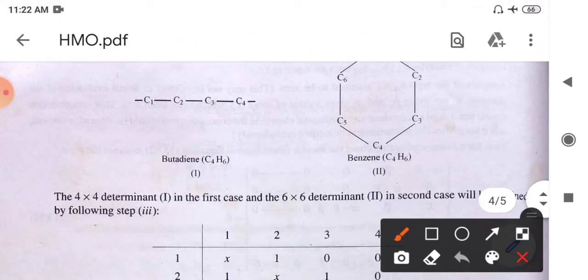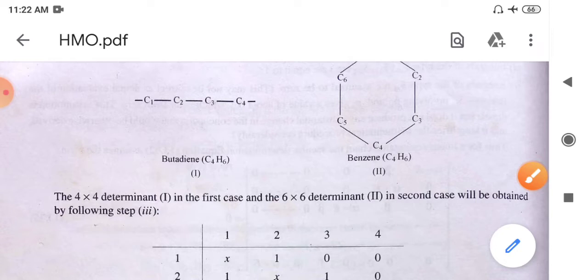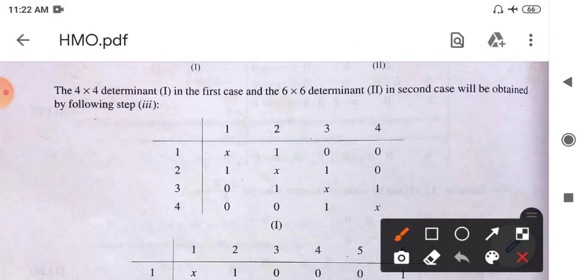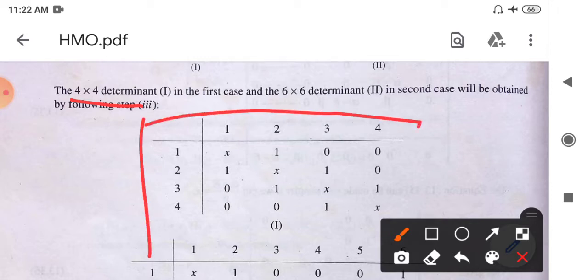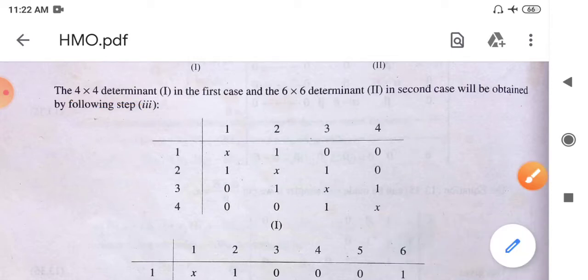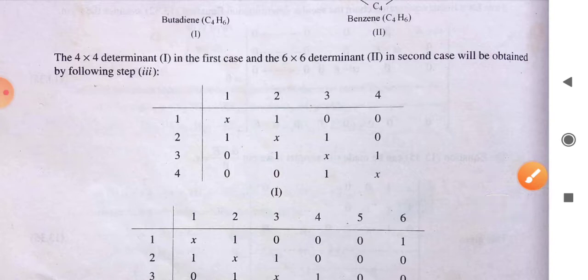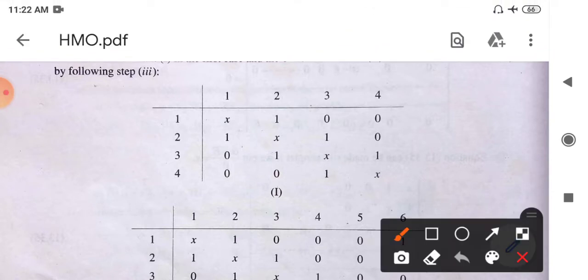Okay, first consider butadiene. For butadiene we should get the 4 by 4 determinant shown in this diagram, and here we can see that along the diagonal you will always get the x values.